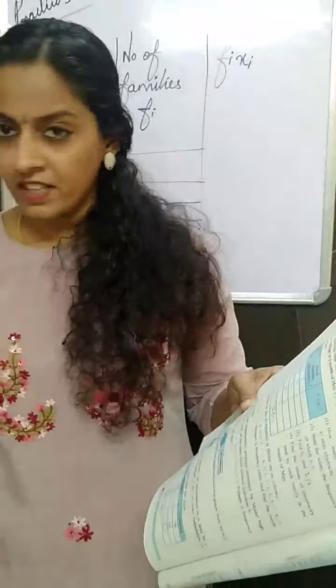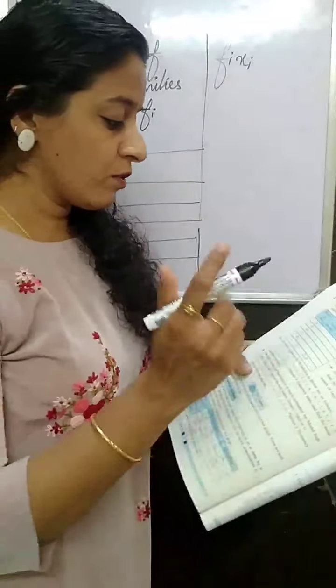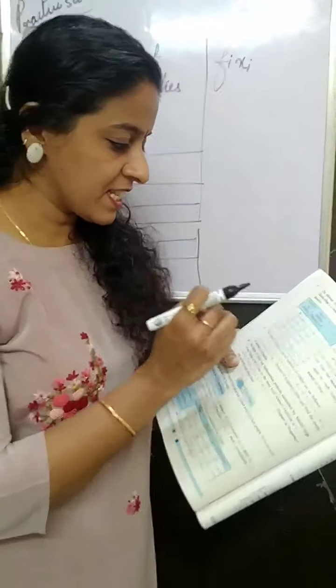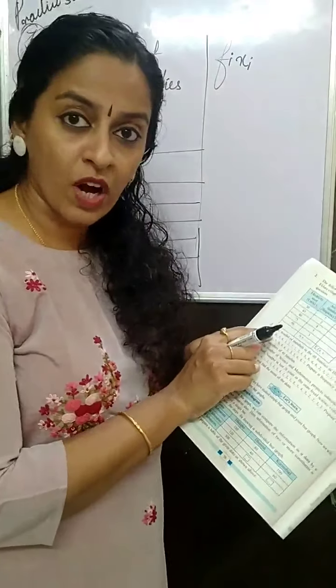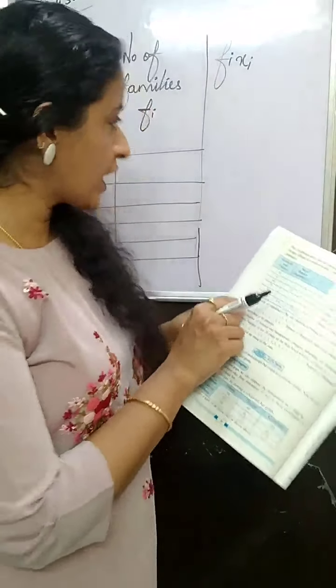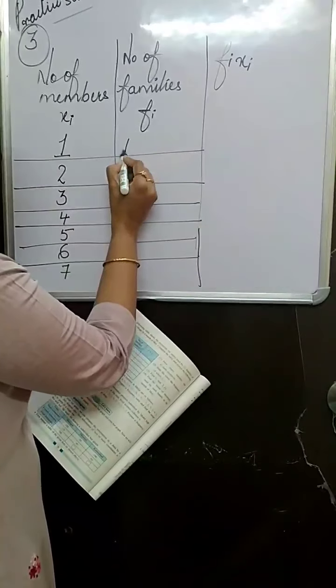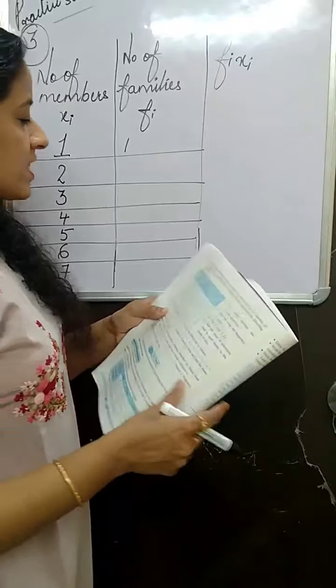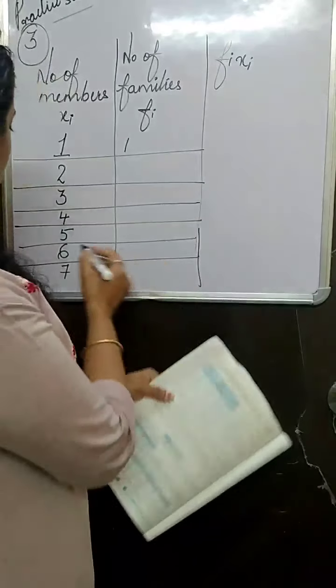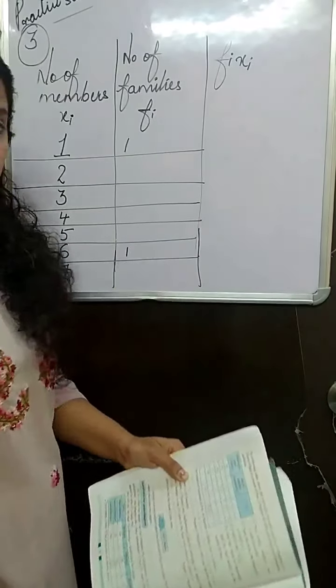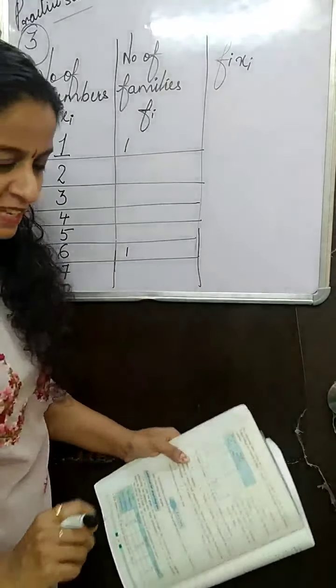Okay, so let's start. The first list given here, you have to keep your textbook with you. With pencil, I'll just cancel the 1. First number is 1. You have to cancel it in your textbook and enter it beside 1, one tally mark. Next is 6. Cancel 6 in your textbook, and in front of 6, 1 tally mark.